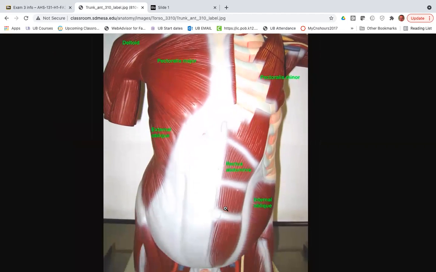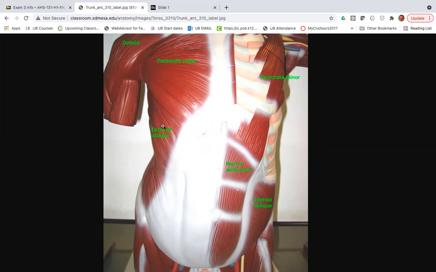Let's look at the abdominal region. Running up and down is the rectus abdominis. Now we have these obliques. The external oblique is external. It is superficial. Look at the direction of the fibers. It would be like putting your hands in your pocket, the direction that your forearm would be if your hands are in your front pocket.